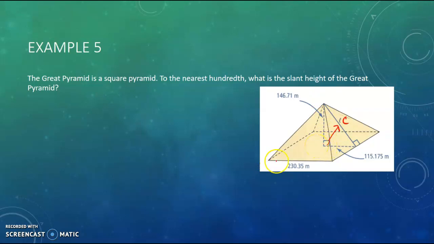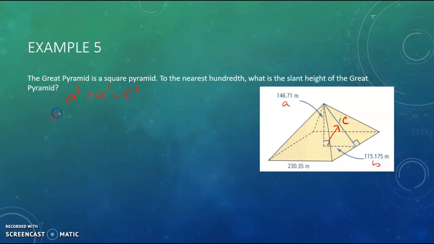And so since it's in the middle of the base, that means it's half of our square. So from here, we just plug into a squared plus b squared equals c squared. And so I'm going to call this A, I'm going to call this one B, and we'll go from there.